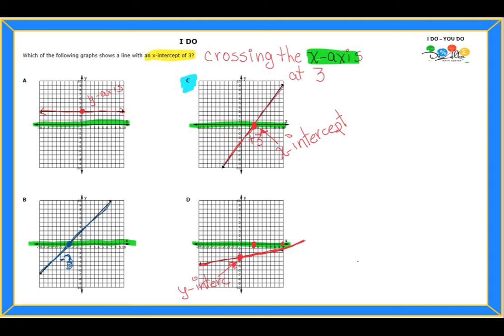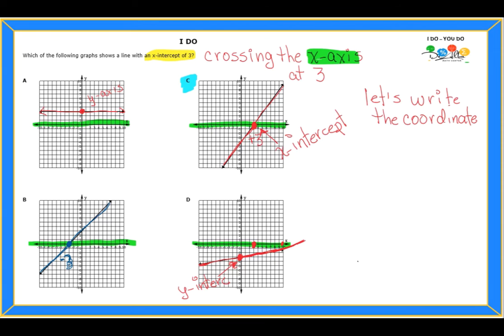I would like you to add something very important to understand about the x-intercept, and we're going to write it right here on the right side.